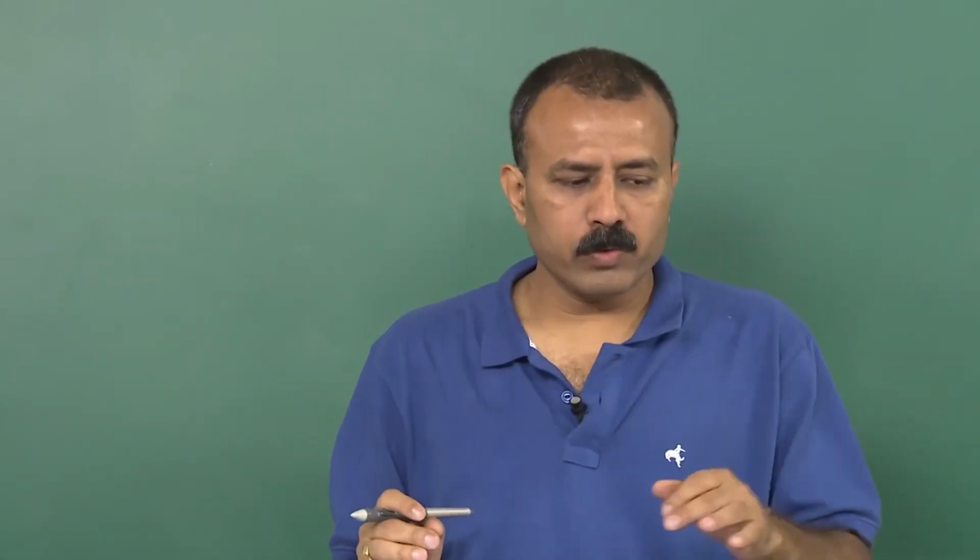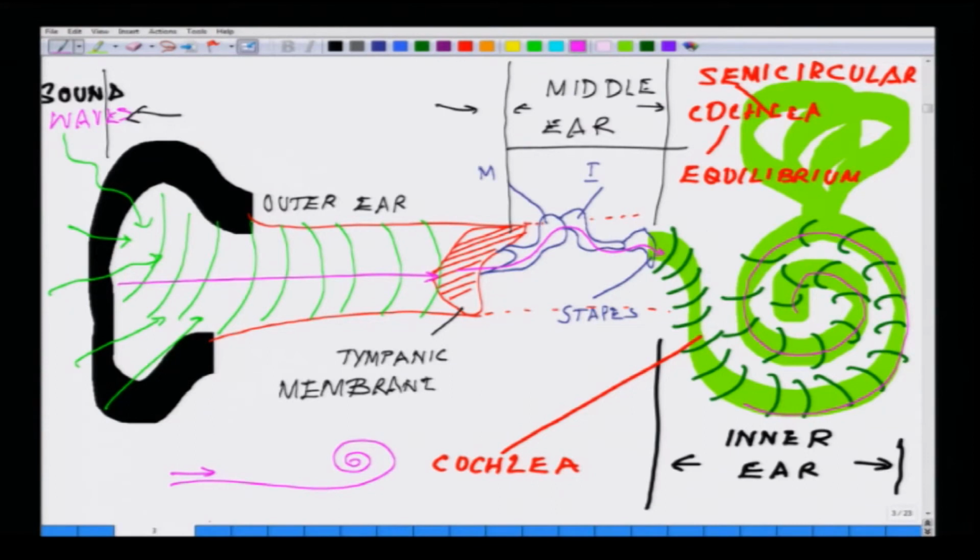Okay. Now, coming back to the next slide, we will be talking about the structure of the cells which are lining this out here. What is the structure of those cells? These cells are essentially called the hair cells. Just like when we talked about the retina, we talked about the rods and the cones, which were translating the light impulse into electrical impulse.